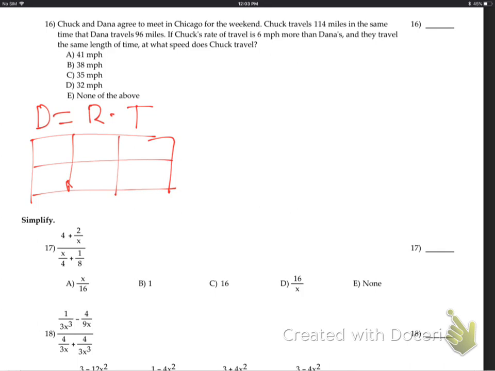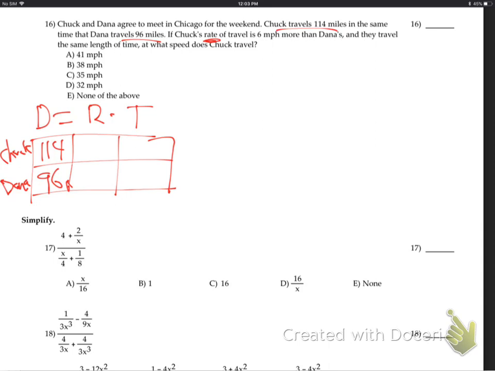All right, so here we go. Remember, we have to get the left 4 boxes. So we have Chuck and Dana. What does it say? Chuck, 114 miles. Is that a distance, a rate, or a time? That's a distance for Chuck. Dana, 96 miles, distance for Dana.